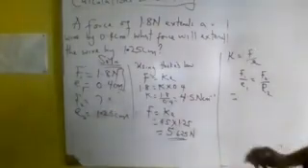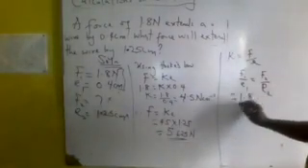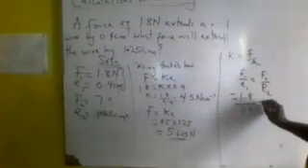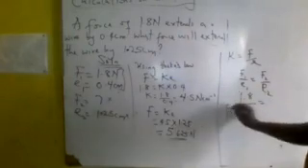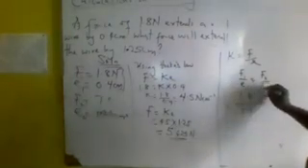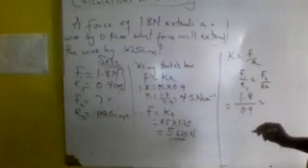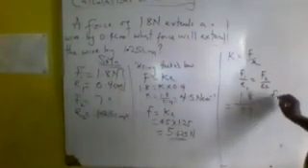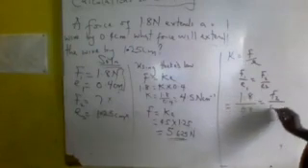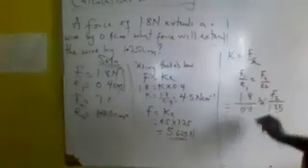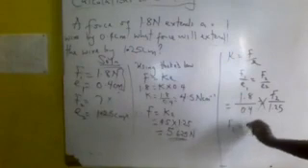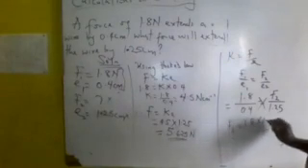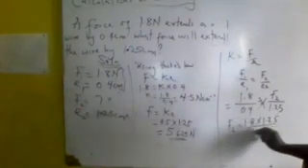So this would be 1.8 divided by 0.4 is equal to F2, which is what we don't know, all over 1.25. So by the time we cross multiply, F2 would be 1.8 times 1.25 divided by 0.4.